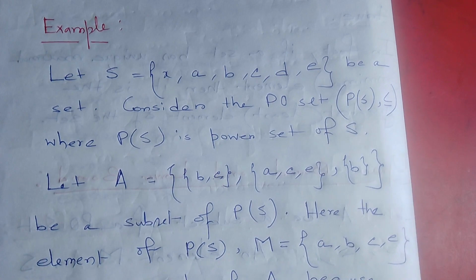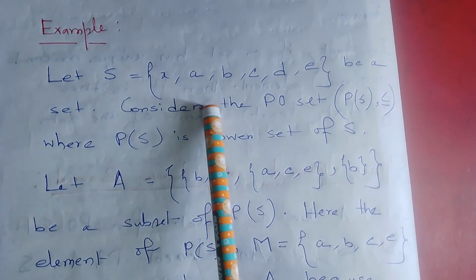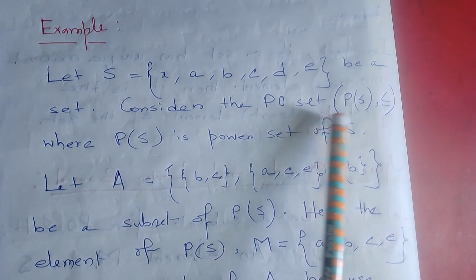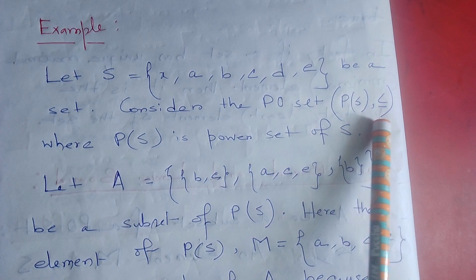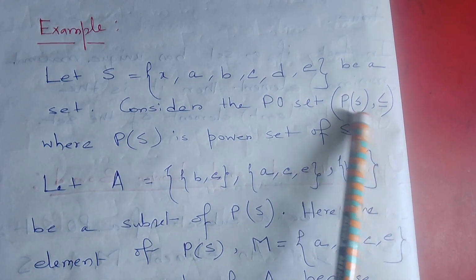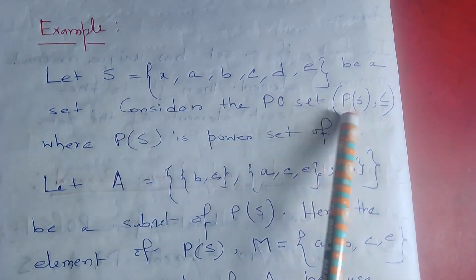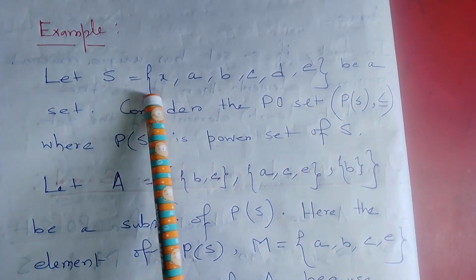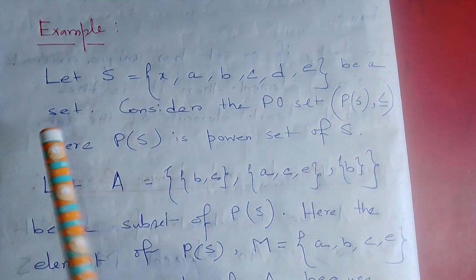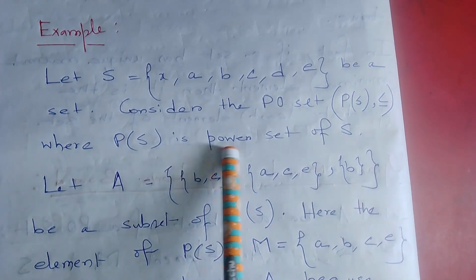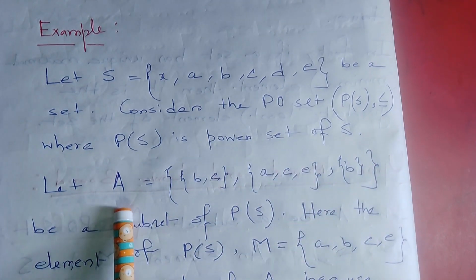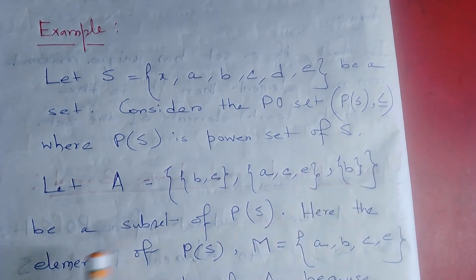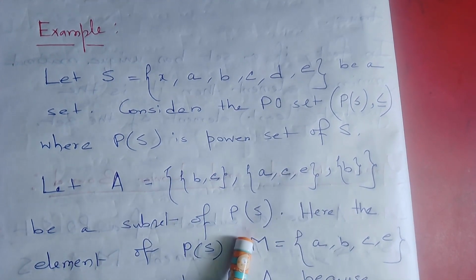Let me explain with an example. Let S be a set consisting of these elements. Consider the poset PS, where PS is the power set of S, consisting of all the subsets of S. Let A consist of BC, ACE and B, a subset of the power set PS.